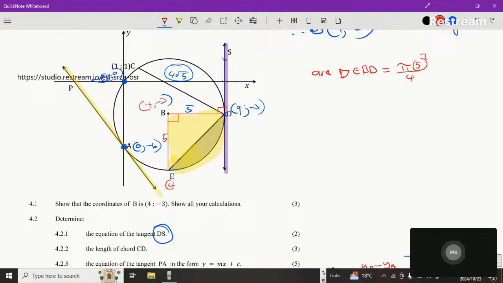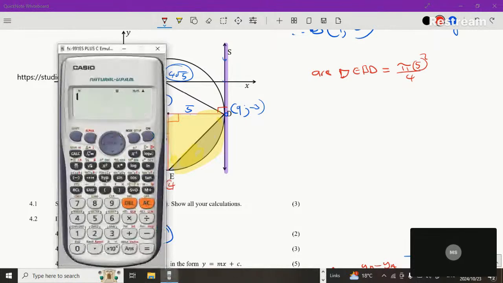Then if you were to punch that in the calculator, it will give us pi 5 squared over 4. It's equal to 25 over 4 pi.